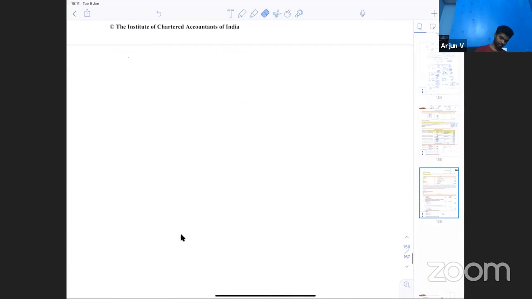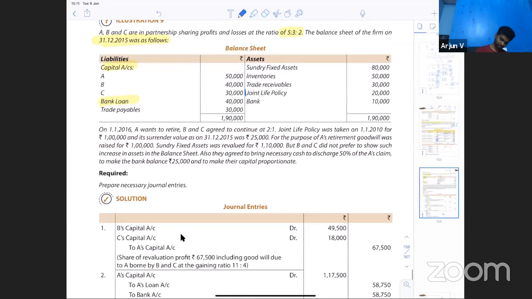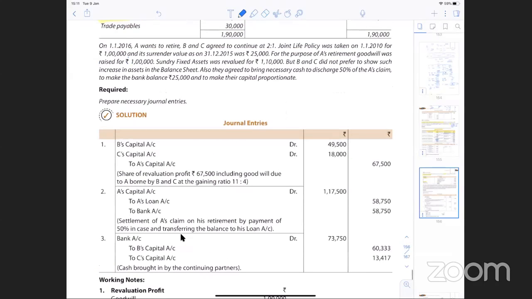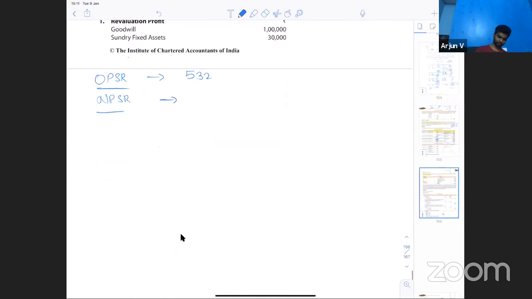So first, what is my OPSR? My old profit sharing ratio was 5:3:2. New profit sharing ratio was 2:1.